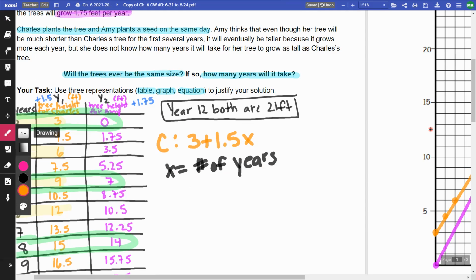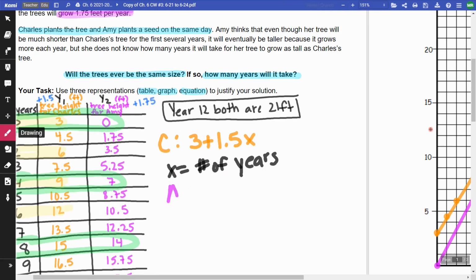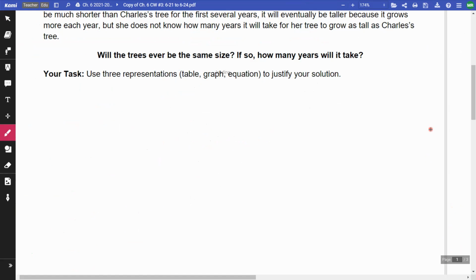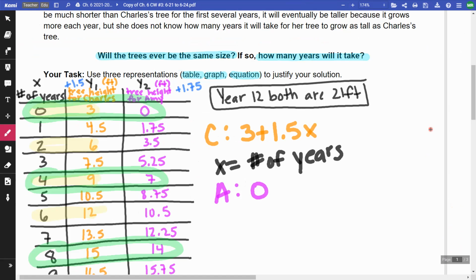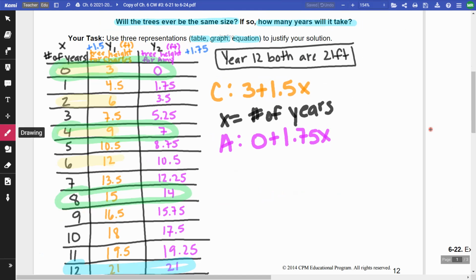Okay, so now for Amy's, if I do one for Amy, her tree was a seed. It started at a height of 0 and it increased by 1.75x. Now I want to know when these are the same. So what I'm going to do is I'm going to set them equal. I'm going to take 3 plus 1.5x and set it equal to 0 plus 1.75x.